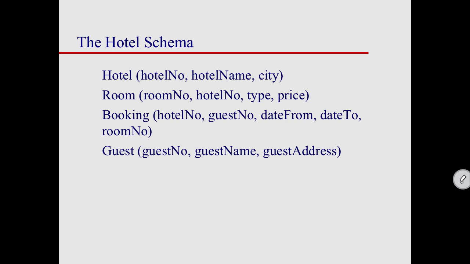In fact, because I don't allow overlapping dates, you can drop one of date from or date to. One of the two ends up being unnecessary because I'm making the ranges unique, so you only need one of those two. But that by itself gives you two different keys. You could have guest number, date from, room number, or you could have guest number, date to, room number. But that's not it. There are more candidate keys. There are other ways. Pardon?